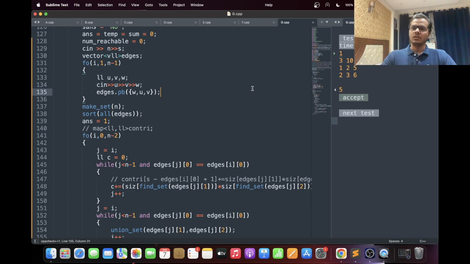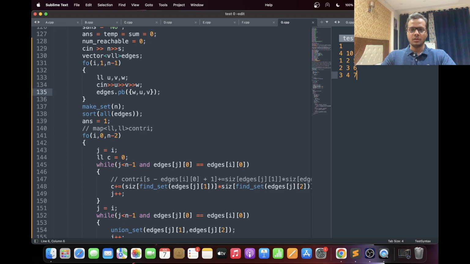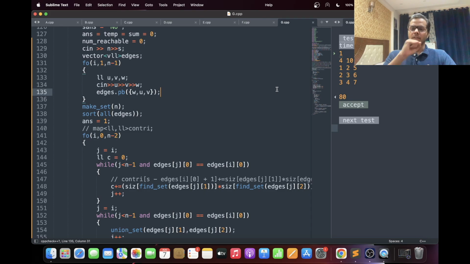That's correct. So we add another edge, 3 to 4, call it 7. And then what are we getting?